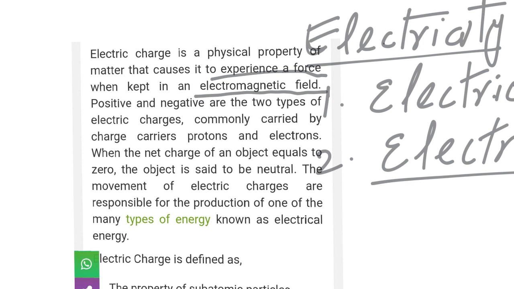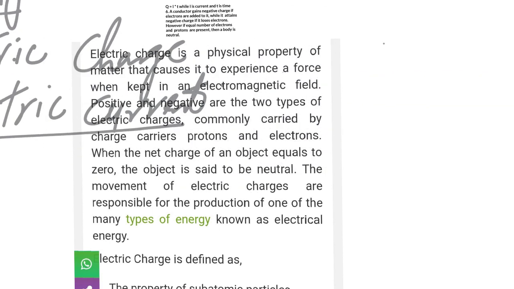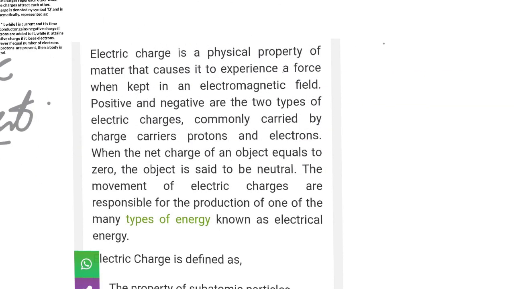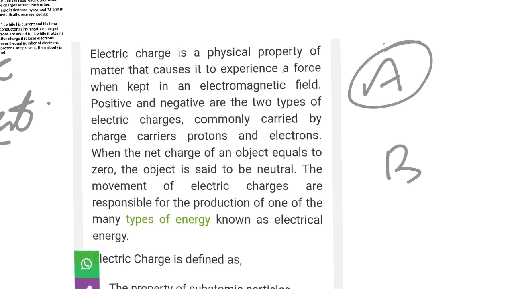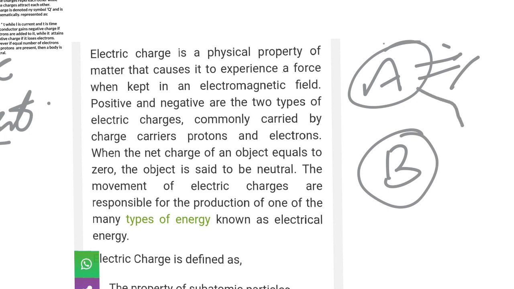If you have any body, suppose you have got two bodies, body A and body B. Now we want to check whether body A has got a charge or not. You simply will put this body in an electromagnetic field.